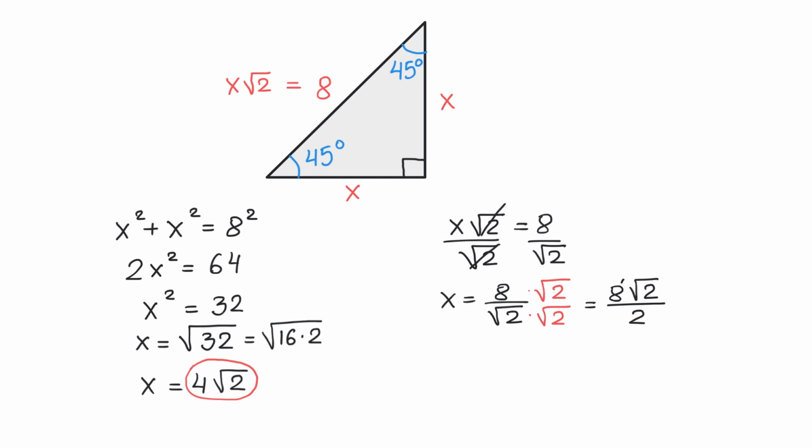Here we can divide 8 by 2 and get 4. Then x will be equal to 4 square root of 2. And here we got the same result as in the method to the left. So we can say that if this side is 4 square root of 2 and this side is 4 square root of 2, then the hypotenuse will be 8.